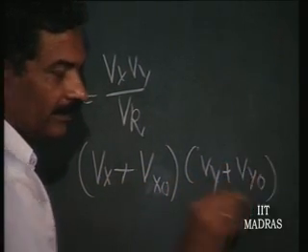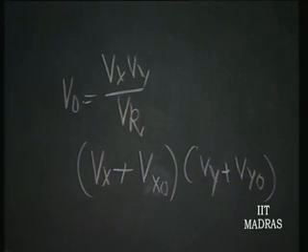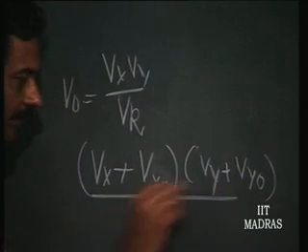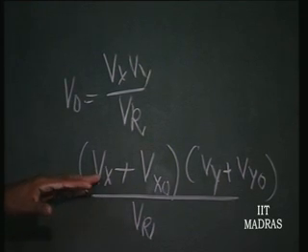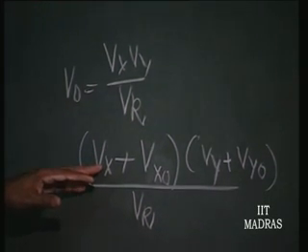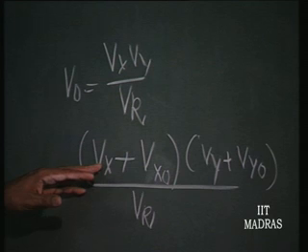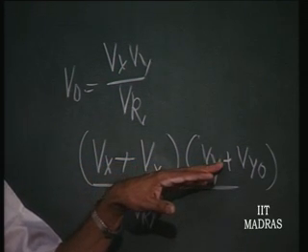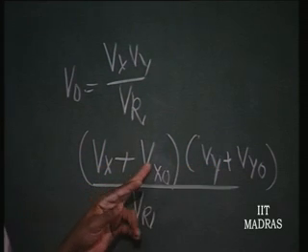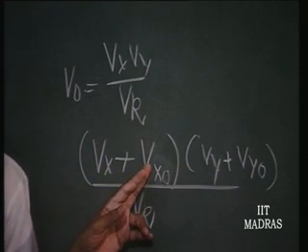V y naught, which is a DC, and then make it a multiplier which can work with V x going both plus and minus 10 volts maximum, V y going both plus and minus 10 volts. For that I have to make V x naught equal to how much?